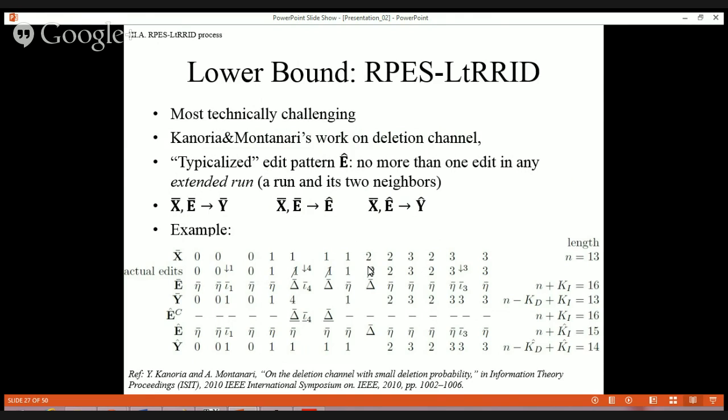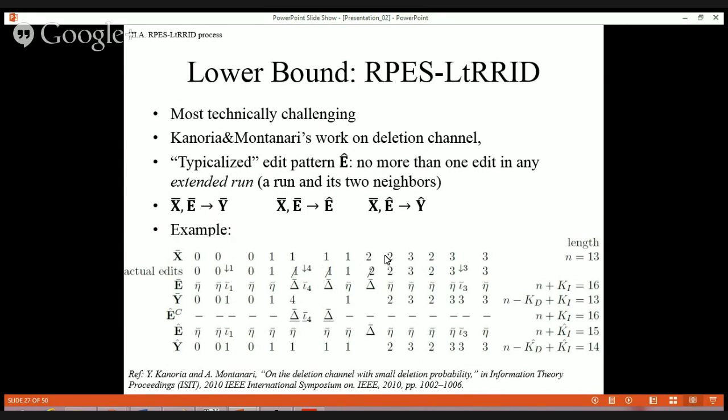In this extended run, there are 4 edits, so we eliminate all the edits in this run. By default, we don't eliminate the edits to the neighbors when we look at this run. So we eliminate this deletion of the 1, this insertion of a 4, and this deletion of a 1.